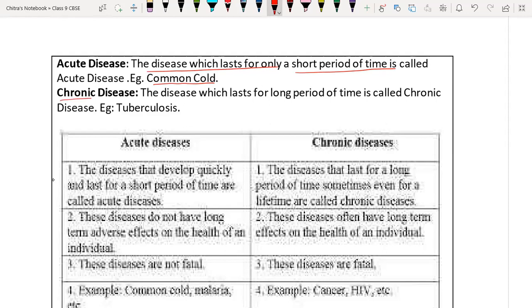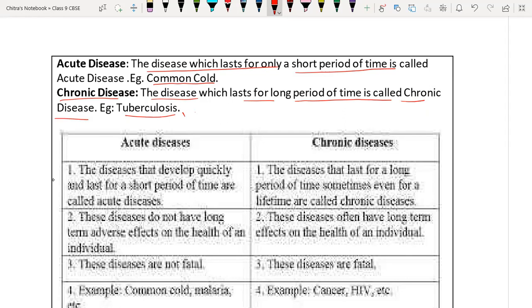Whereas chronic disease is the disease which lasts for a long period of time, like tuberculosis, diabetes, cancer, AIDS. All these are chronic diseases. They last for a very long period of time, sometimes till the death of the patient.